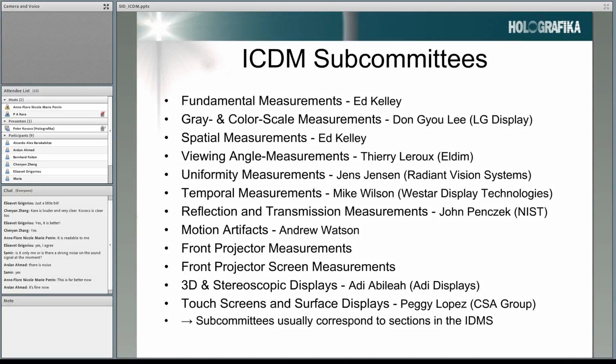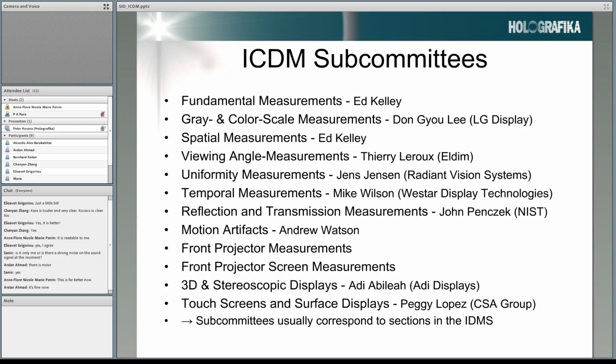The ICDM itself consists of subcommittees, and these subcommittees usually correspond to sections in the final document. So from this you can get an idea of what kind of measurements are included in this standard.